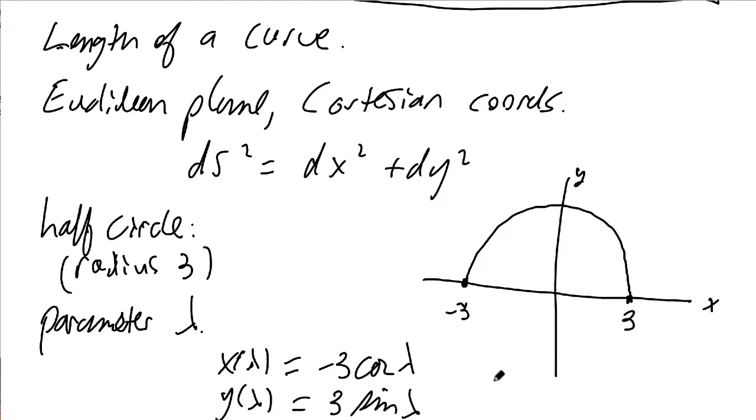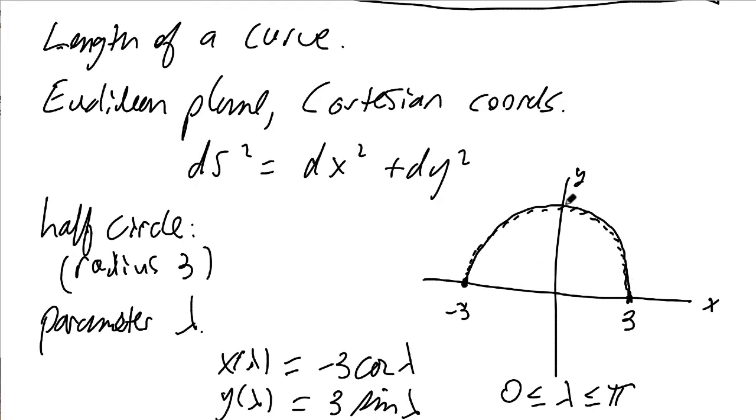And in this parameterization, lambda ranges from 0 up to pi. Okay, so as lambda ranges from 0 to pi, we sweep out this curve.